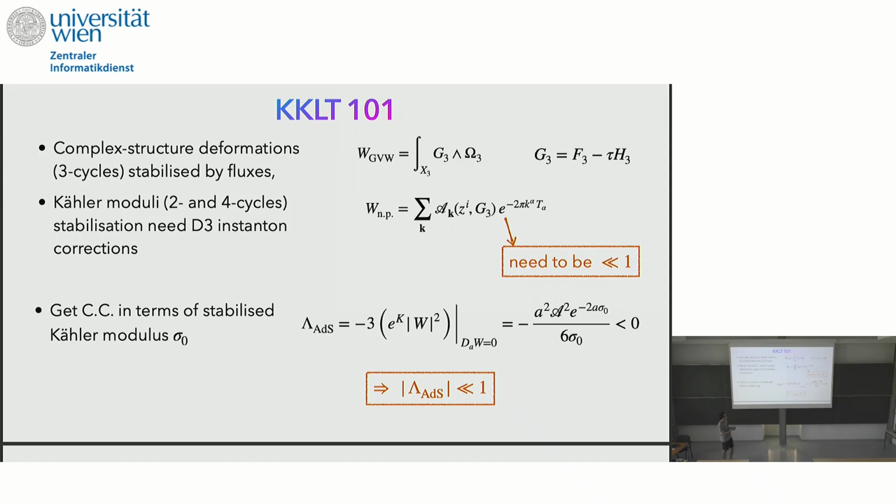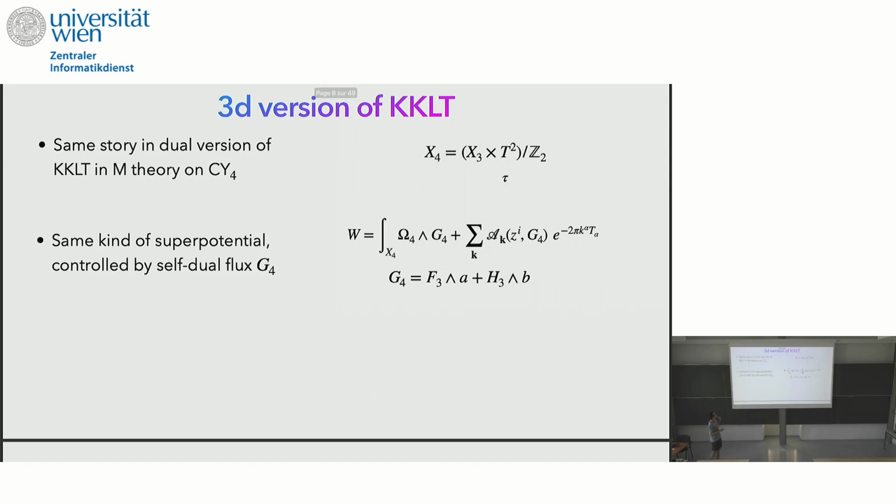Because the exponentials are very small, automatically you get a cosmological constant that is exponentially suppressed. And this is what we need for the second step as well.